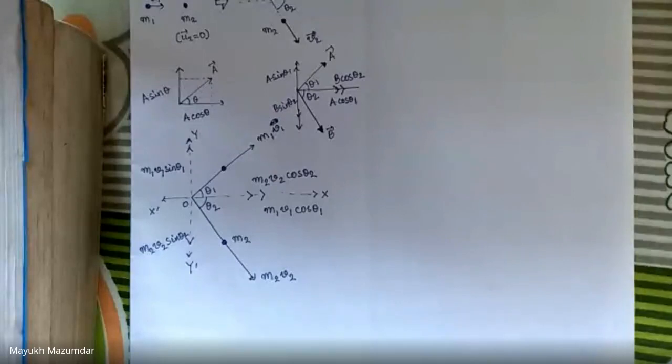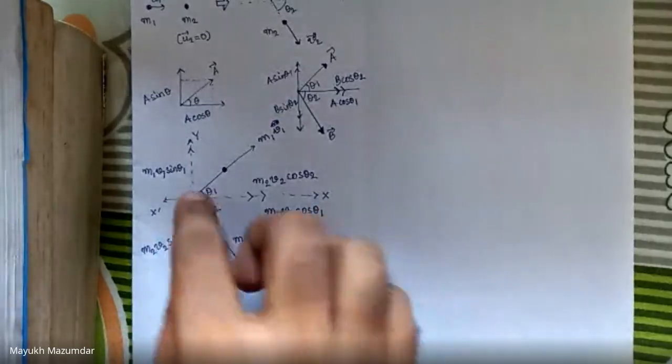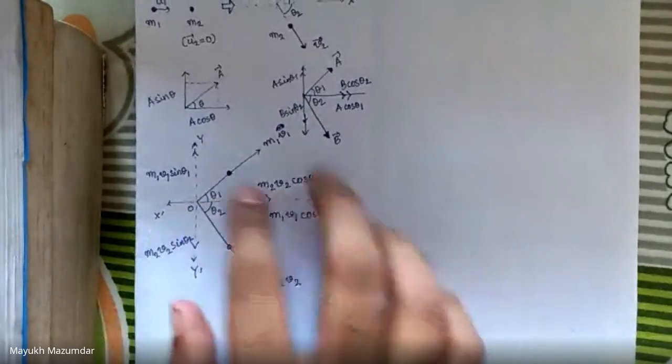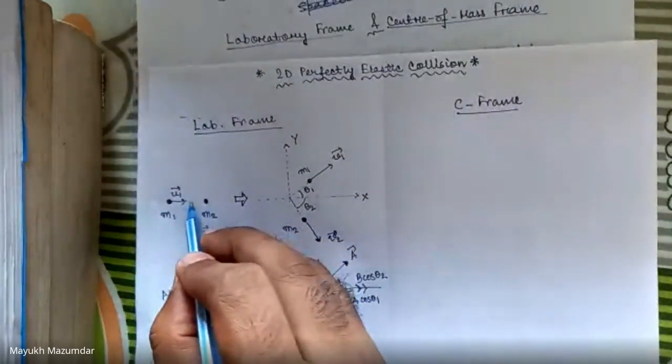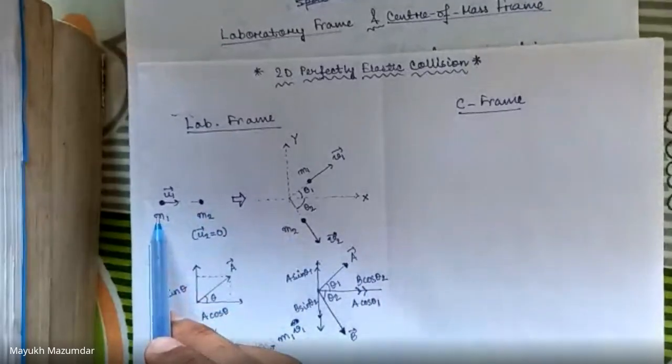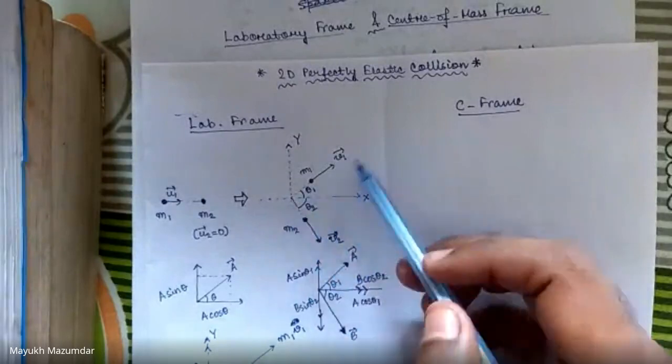So what did we do? We just resolved the momentum into x and y directions. Why did we do that? There's another reason. Initially the first particle was moving along the x direction, and this direction is an arbitrary direction, isn't it?